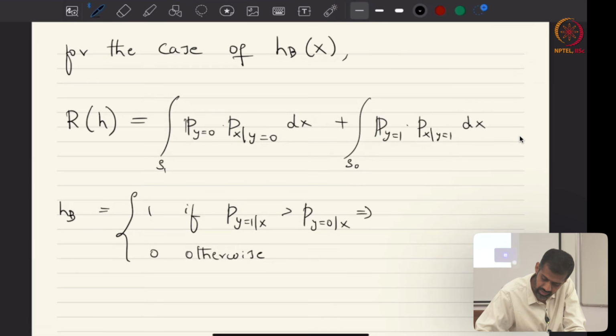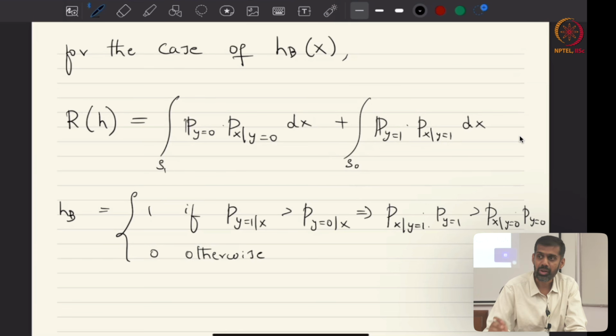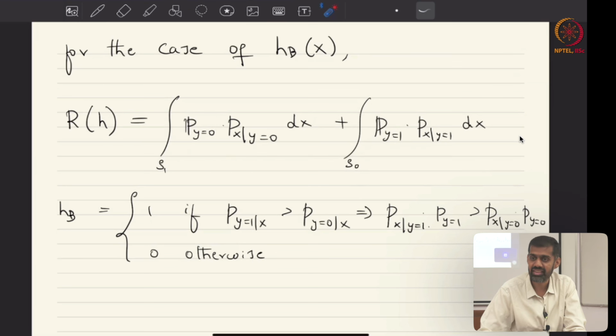This implies, using Bayes law, P of y equal to 1 given x is equal to P of x given y equal to 1 times P of y equal to 1. Now tell me which of these two terms will be evaluated for this particular classifier.